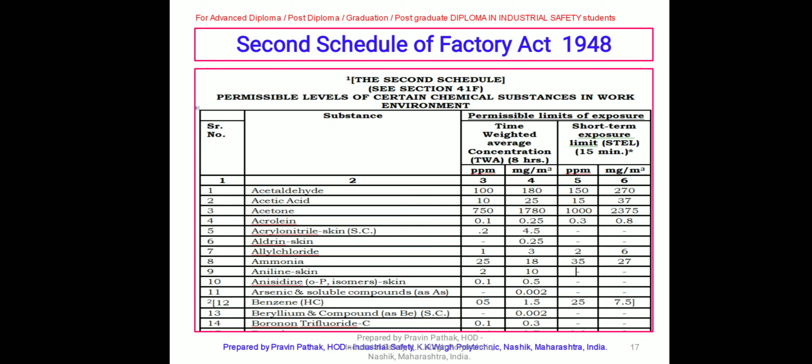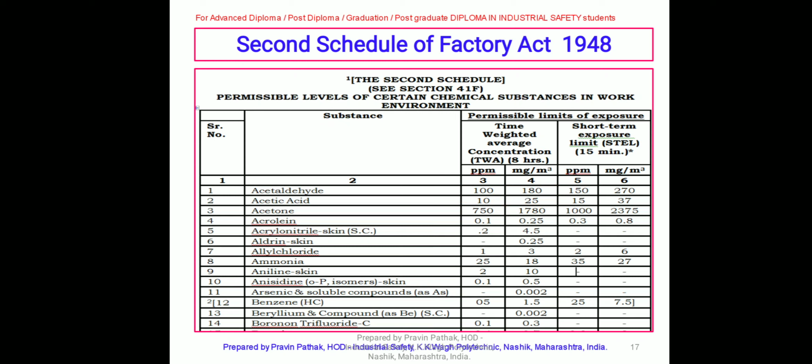So if any worker is working for 8 hours and acetaldehyde is the substance involved in the working environment, then the maximum permissible limit by the second schedule of Factory Act is 100 ppm or 180 mg per meter cube.